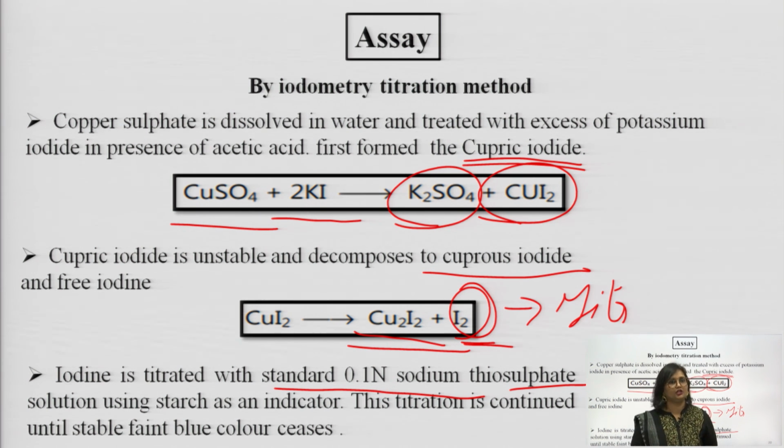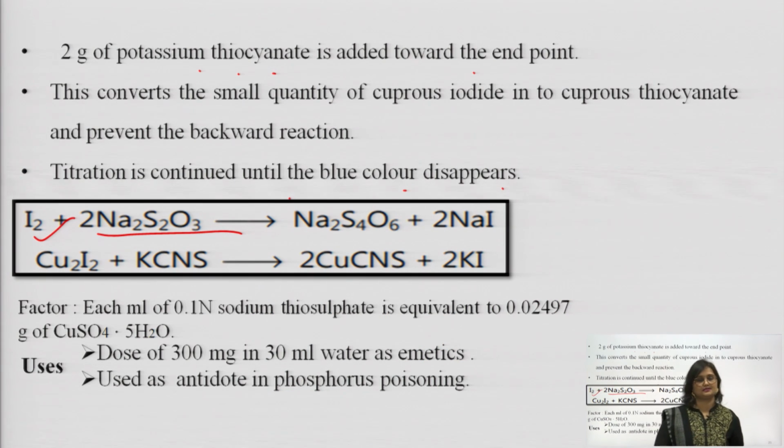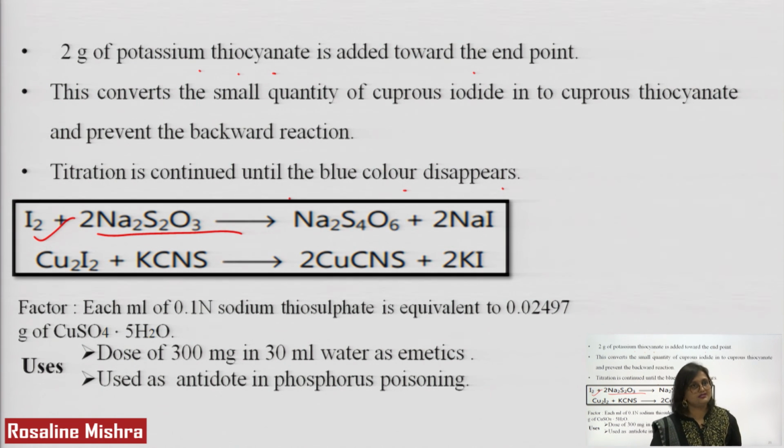The titration is continued until the stable faint blue color disappears. 2 grams of potassium thiocyanate is added towards the end. Why do we add this? It converts the small quantity of cuprous iodide into cuprous thiocyanate and prevents the backward reaction, so that the iodine already formed gets titrated, and our end point does not get affected.